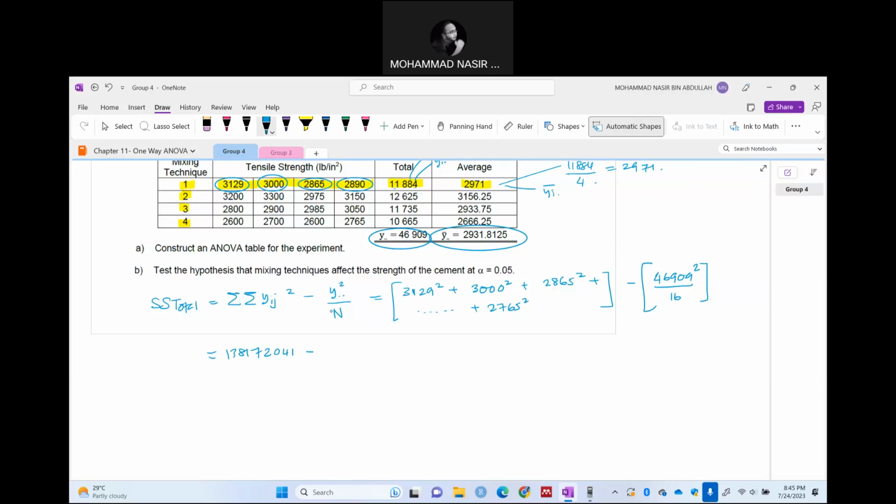minus with this value. So 1375 28392.6. So this one should be equal to 643648.437. Do you get the same answer?